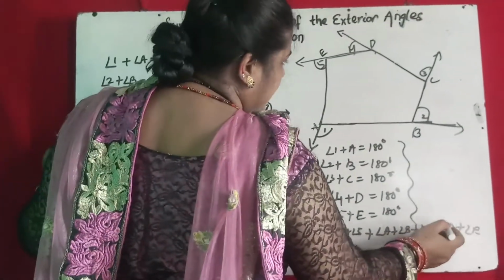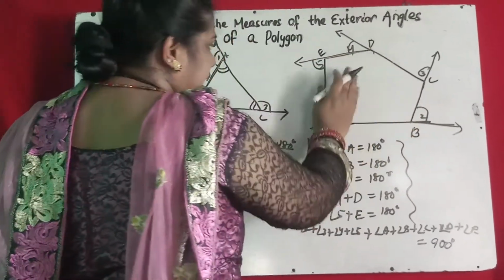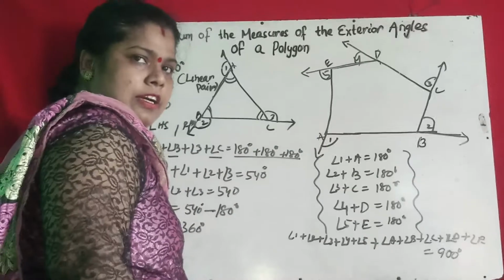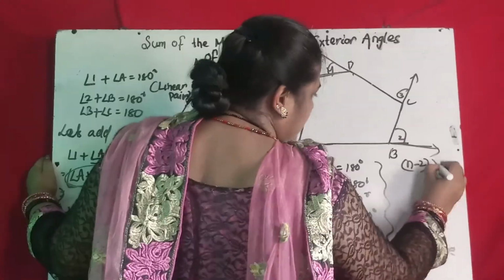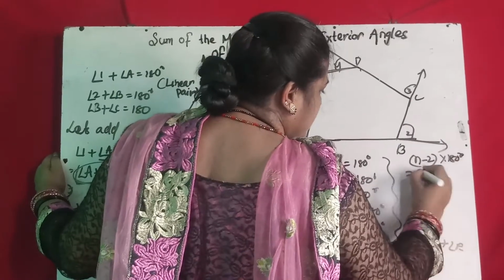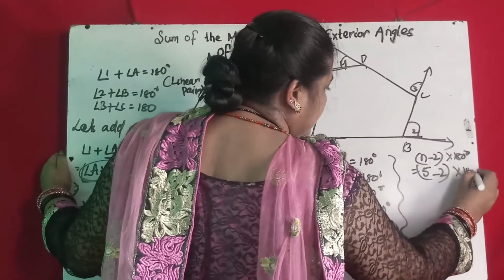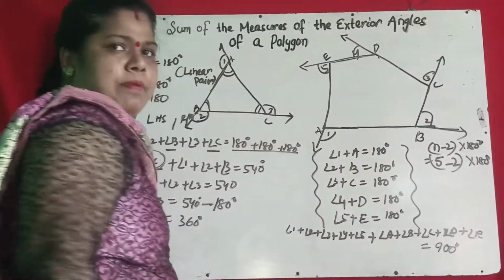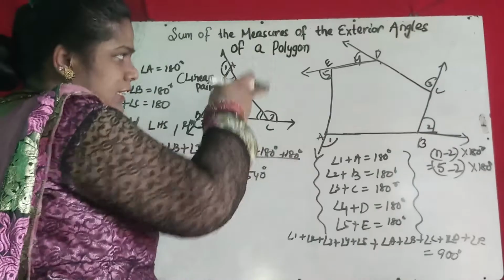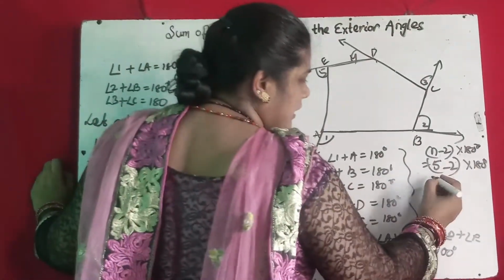A, B, C, D, E is a pentagon. The pentagon formula, how much? I said n minus 2 into 180 degrees. So for a pentagon it is 5 minus 2 into 180. I want to find the interior angles of a pentagon. The pentagon's interior angle formula you know: 5 sides means 5 minus 2, times 180 degrees.